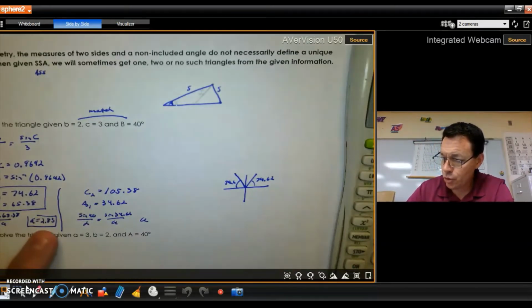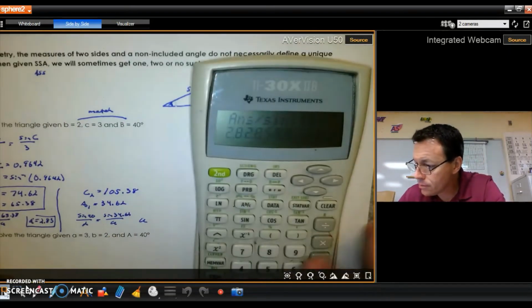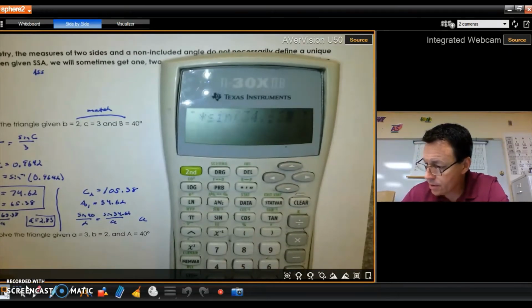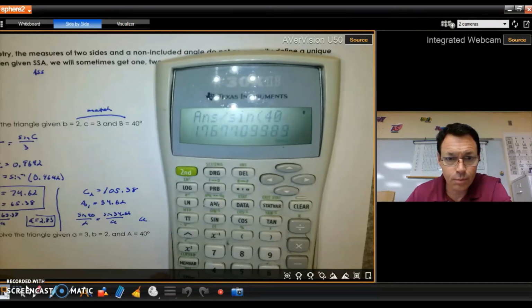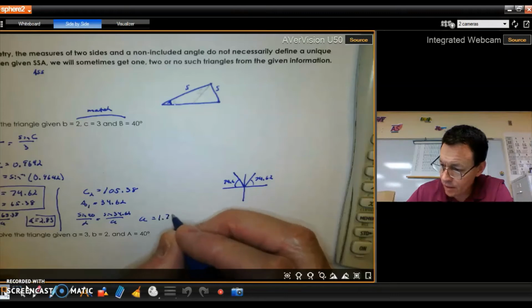Okay, so the 2.83, that's this bigger bottom version. 2 times the sine of 34.62 divided by the sine of 40. And you get 1.77. Or A could be 1.77.